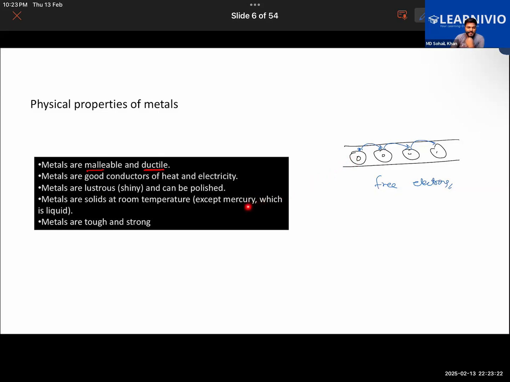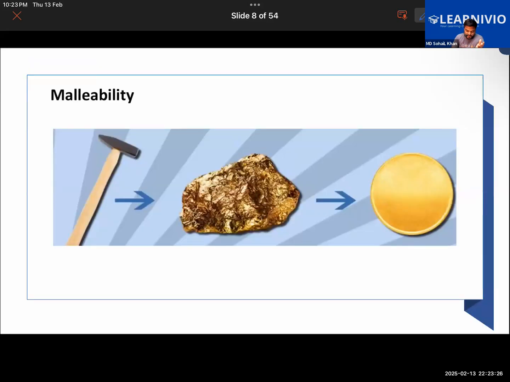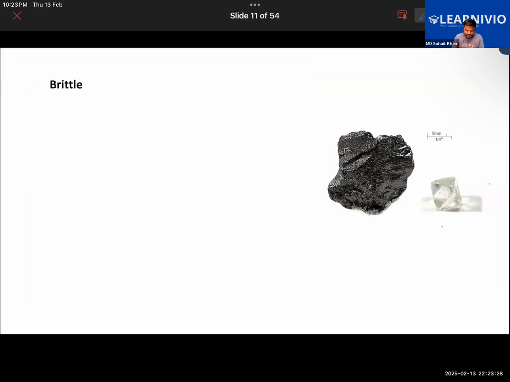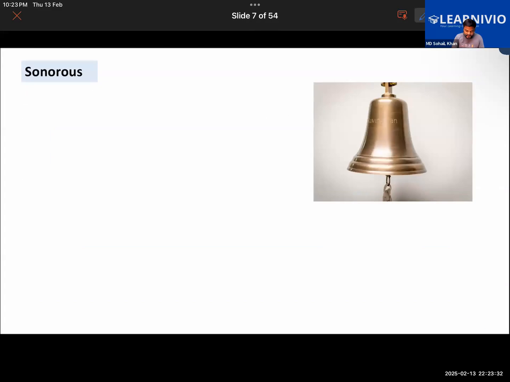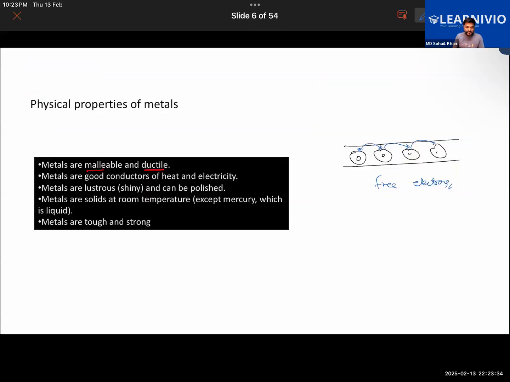Then they are lustrous. They have a shiny appearance. They have this property of being lustrous, so that's why ornaments are made up of them. Further, all the metals usually, except for mercury, are in a solid state at room temperature. All right? Yes, sir.